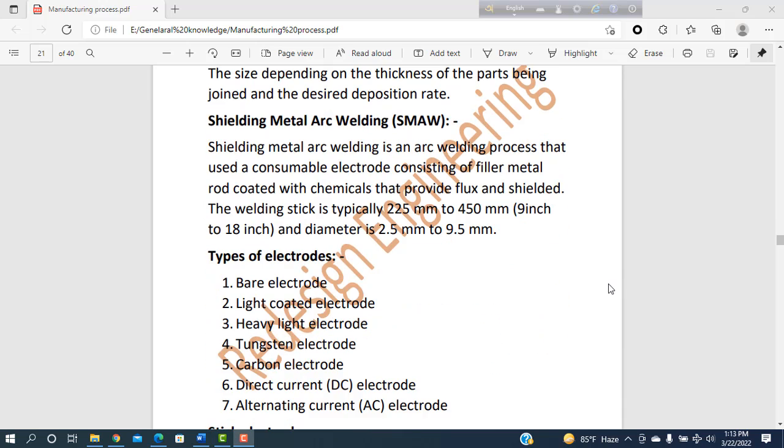Shielded metal arc welding. Shielded metal arc welding is an arc welding process that uses a consumable electrode consisting of a filler metal rod coated with chemicals that provide flux and shielding. The welding stick is typically 225 mm to 550 mm, or 9 inch to 18 inch, and the diameter is 2.5 mm to 9.5 mm.